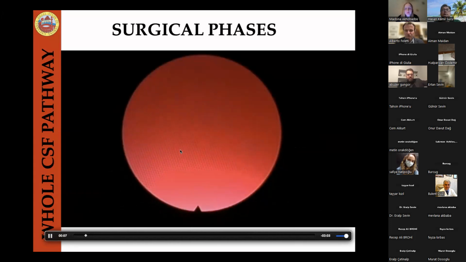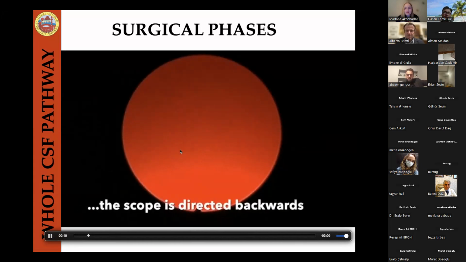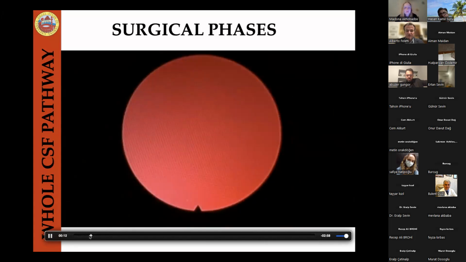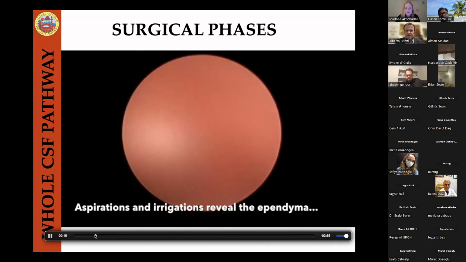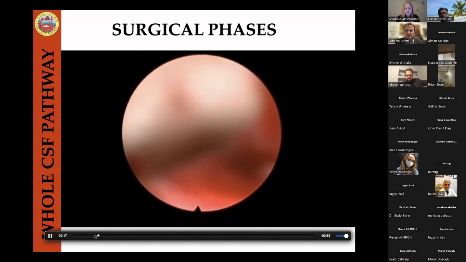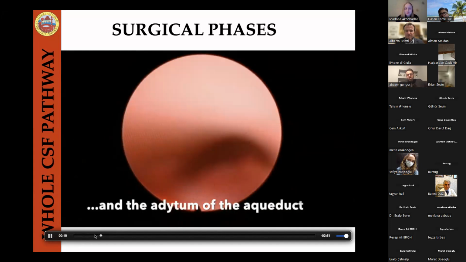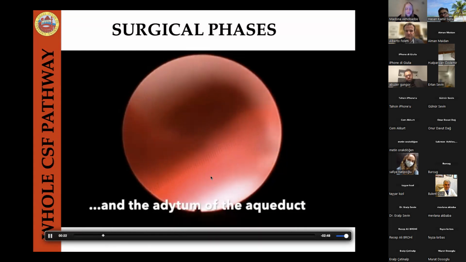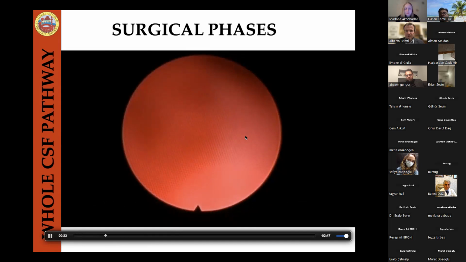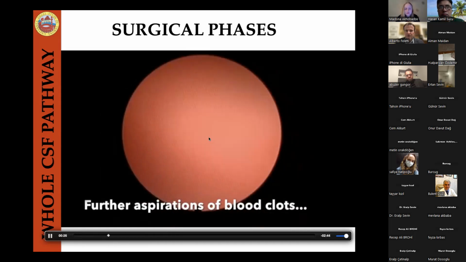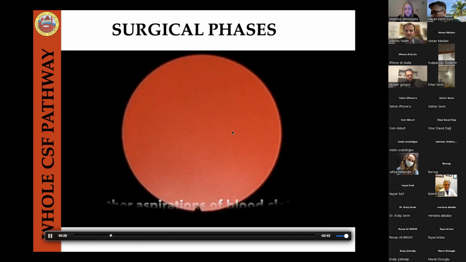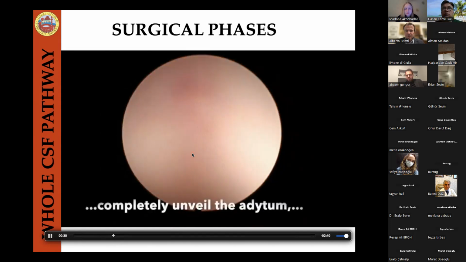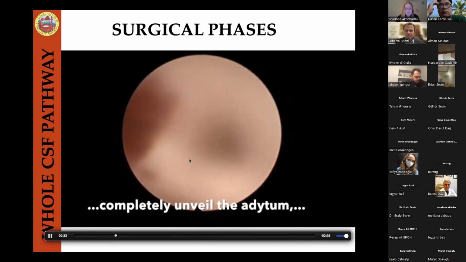Again, you will find several blood clots that you have to aspirate. As I said, the required aspirations are not so many because the third ventricle is a small ventricle. And after removing these clots, the aditus of the cerebral aqueduct will be unveiled.